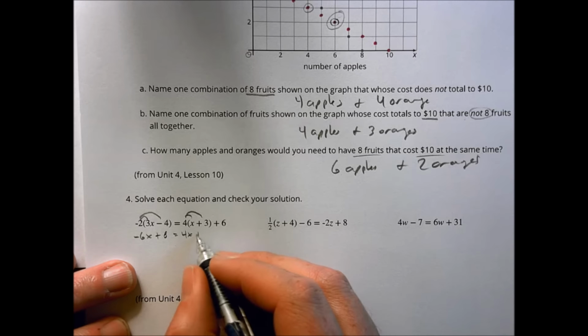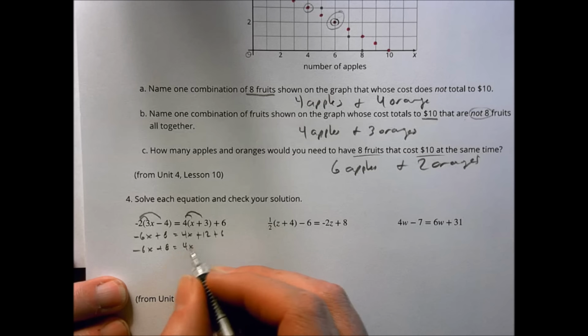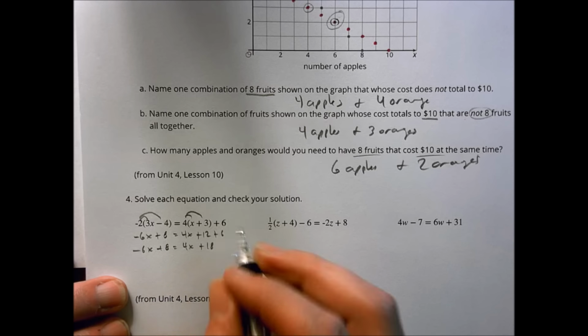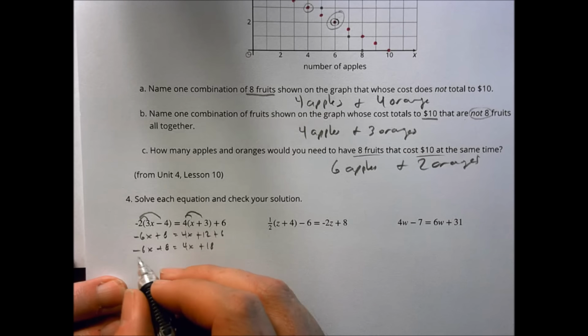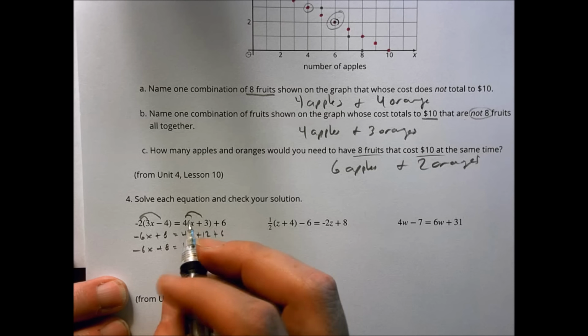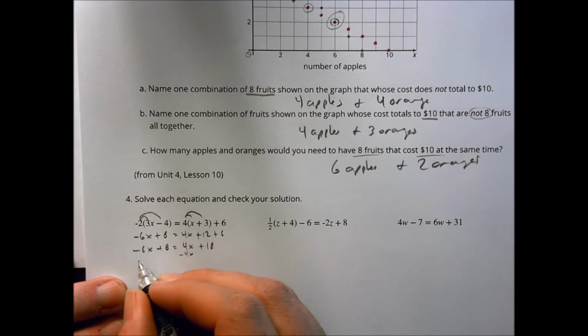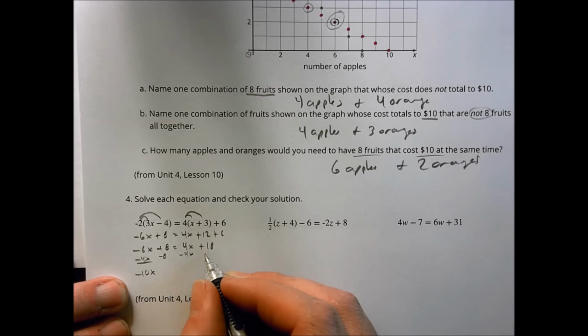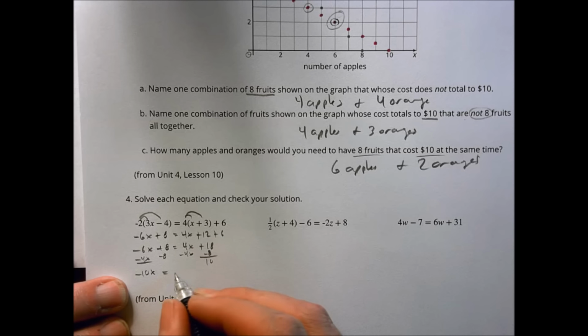So we have negative 6x plus 8 equals 4x plus 18. Let us subtract 4x, subtract 4x, we have negative 10x, and let's subtract 8, so we have over here just a 10. So negative 10x equals 10, divide both sides by negative 10, so x is equal to negative 1.